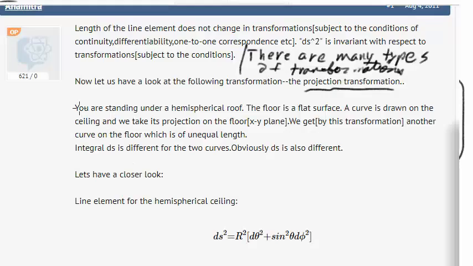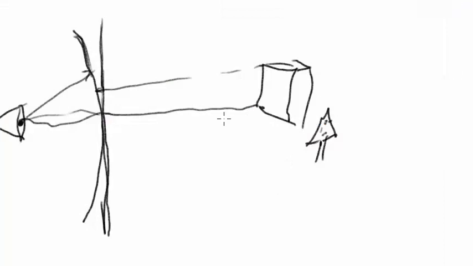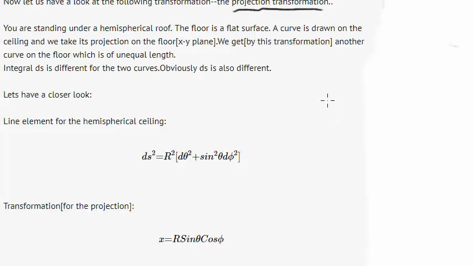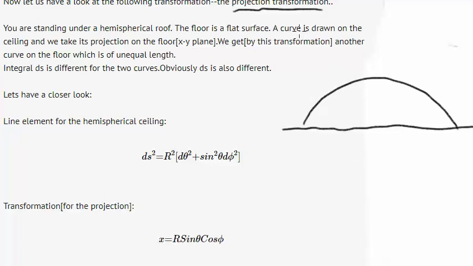Now his description is you are standing under a hemispherical roof, so all I would need to do is turn this 90 degrees counterclockwise. So here is our roof. The floor is a flat surface. A curve is drawn on the ceiling. We take its projection onto the floor.